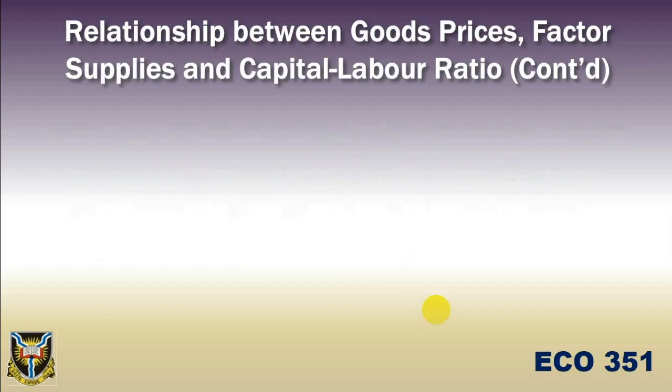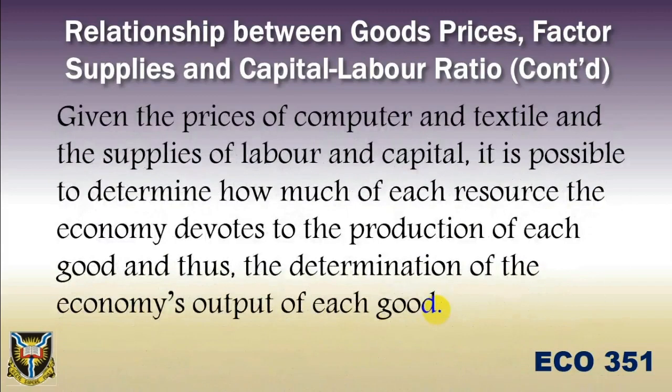Given the prices of computer and textile and the supplies of labor and capital, it is possible to determine how much of each resource the economy devotes to the production of each good, and thus the determination of the economy's output of each good.